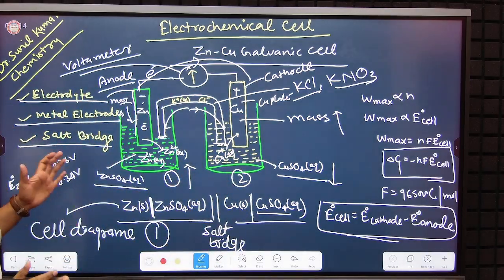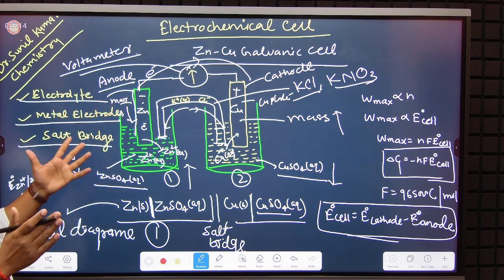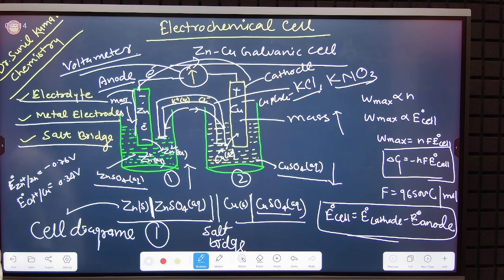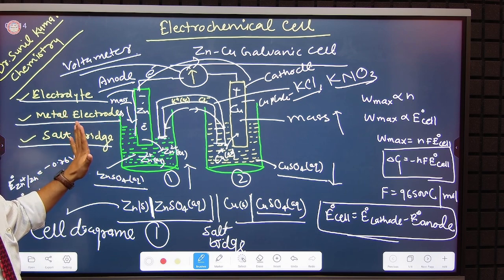So every two combinations give a different cell potential, and that will be characteristic of the anodic component and cathodic component.